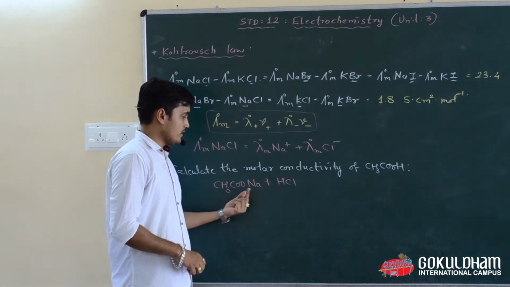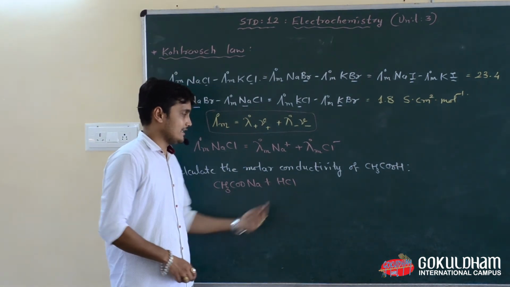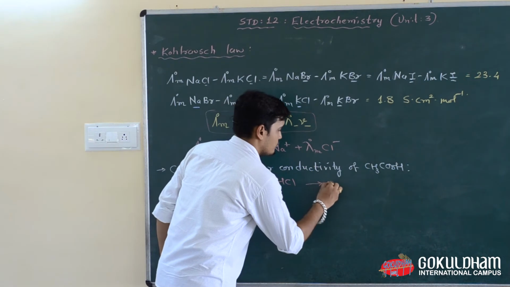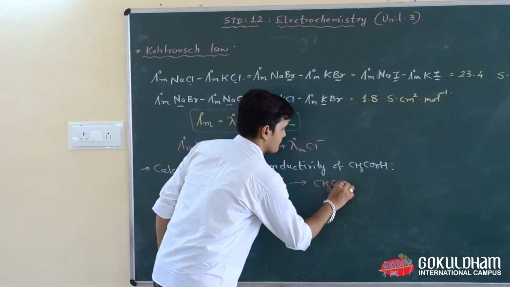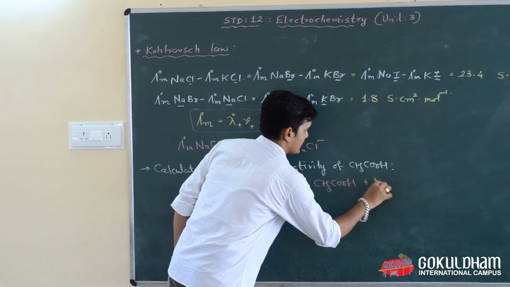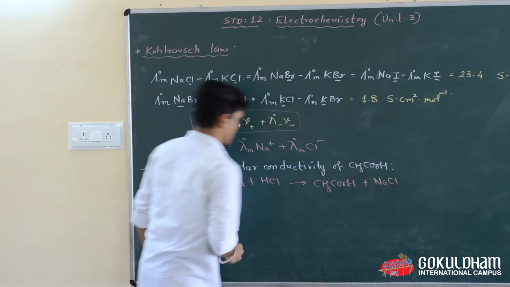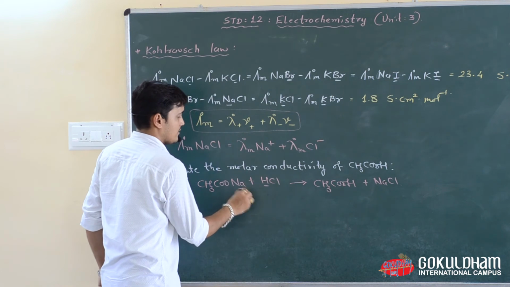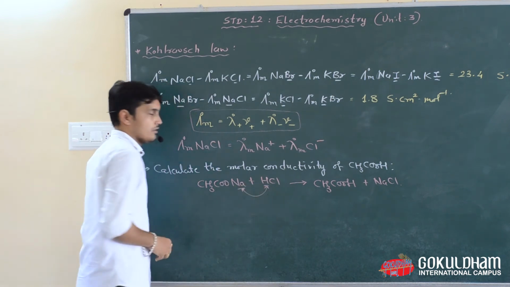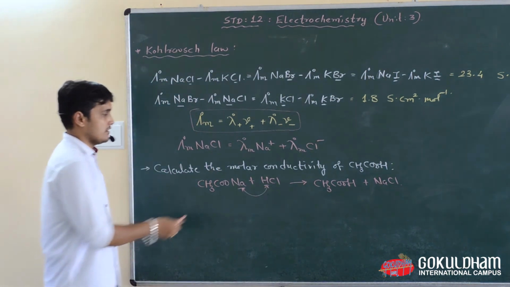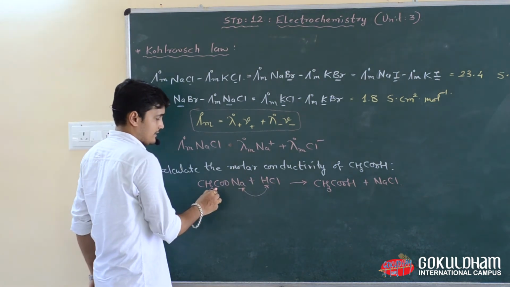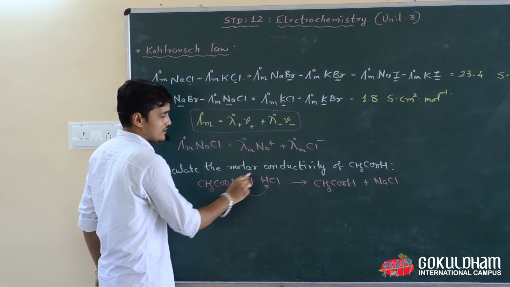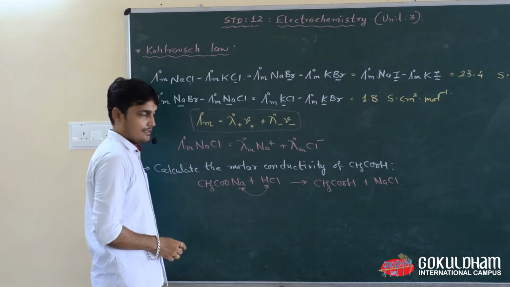When you mix this sodium acetate with hydrochloric acid, then you will get two products, CH3COOH and NaCl. This Na and this H both undergo a replacement reaction. This H is attached with the acetate ion and this Na is attached with the Cl minus ion.